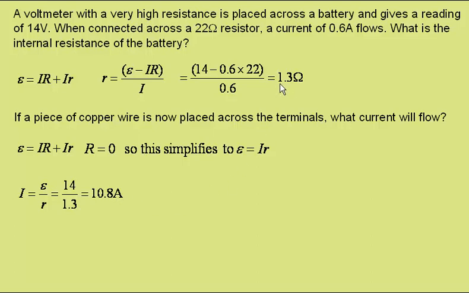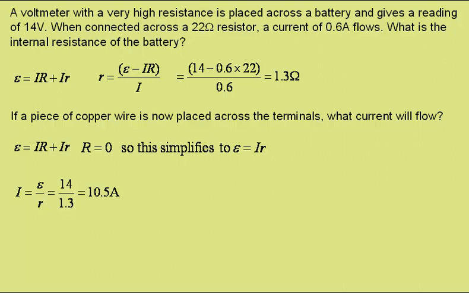Incidentally, this answer actually comes out at 1.3 recurring, and if we'd kept the full answer in our calculator to use here, we would have got an answer of 10.5 amps. With an EMF of 14 volts and internal resistance of 1.3 ohms, this gives a current of 10.5 amps.